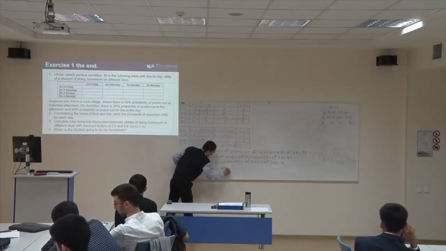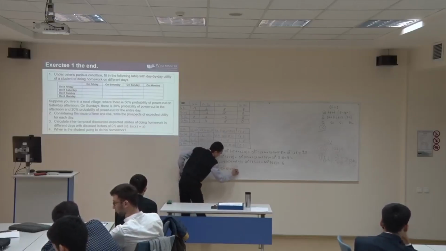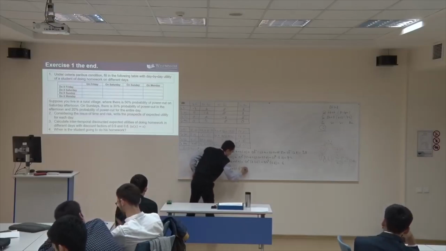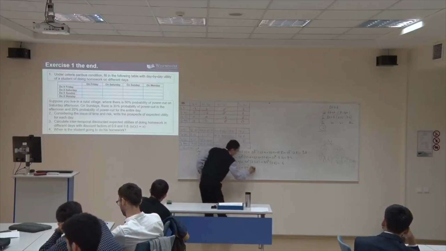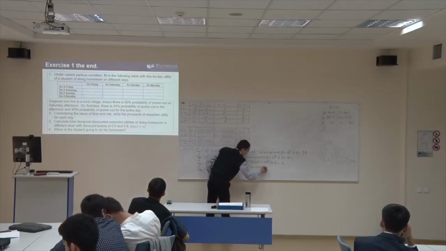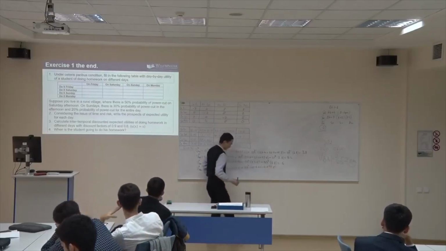There is 50% probability that you can play 4 hours plus 50% probability of not playing plus on Sunday 0.9 squared times there is 30% probability that you can play 4 hours plus 20% probability of not playing plus 50% probability of playing 8 hours.